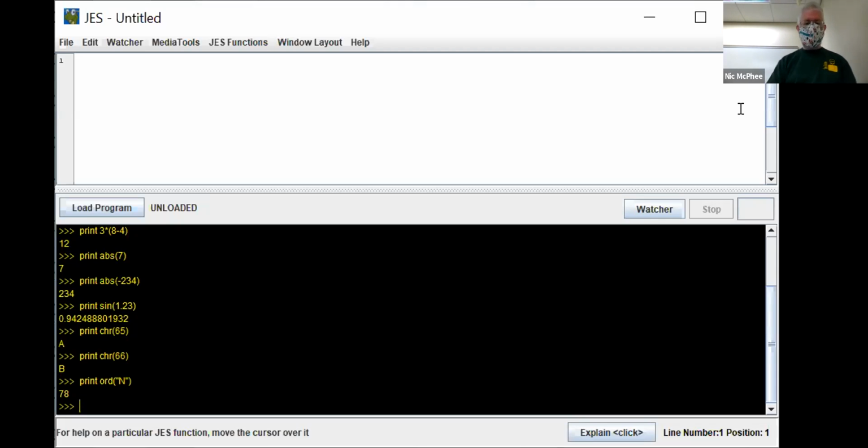And so capital N is 78, and little i is 105, and little c is 99. So the ASCII Unicode for my name is 78, 105, 99.